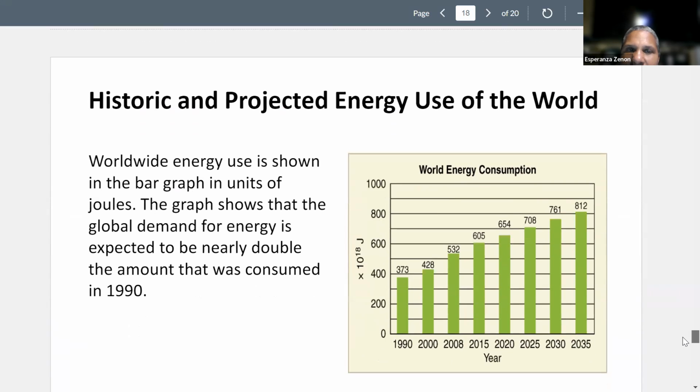And then these last few slides are just informational, and they talk about projected energy consumption. We're facing some of the consequences of that now these days, especially at the pump, so to speak. And you can see the projected energy use is projected to go up and up and up, right?